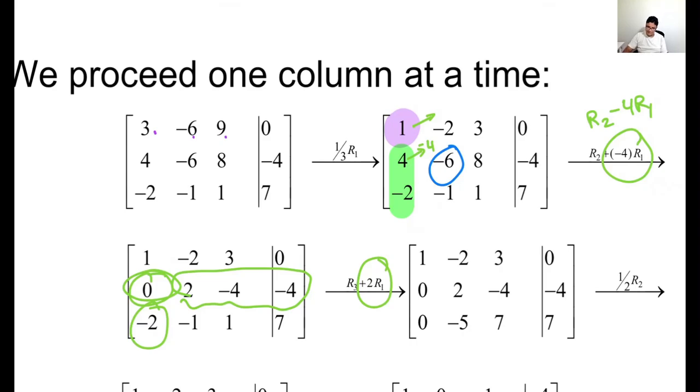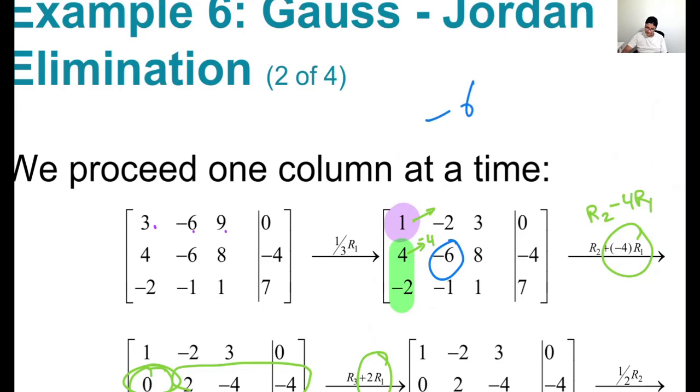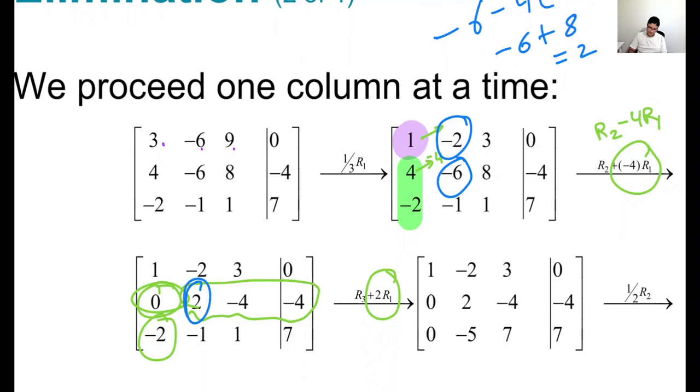Let's do that calculation here. -6 minus 4 times R1. The element in R1 there is -2, right? So -6 minus -4 times -2 becomes +8. So that becomes 2, right? You see that 2 here.